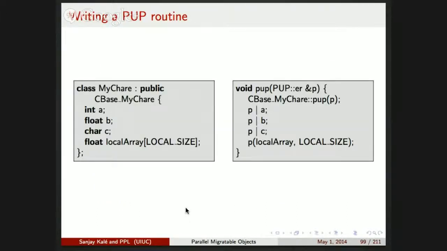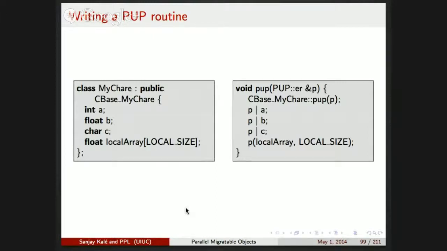So the way this works, here's just an example chare with some members in it: an int, a float, a character, and an array of a few more floats. The way the PUP framework works is, for chare classes, because we have some of this runtime-generated state that needs to travel with the object, we have to tell that inherited state, yes, pack yourself up as well.